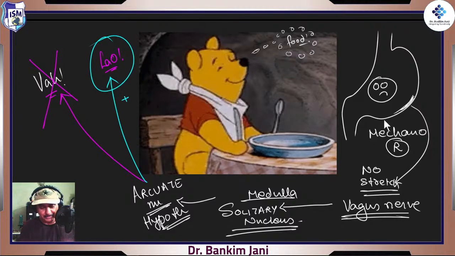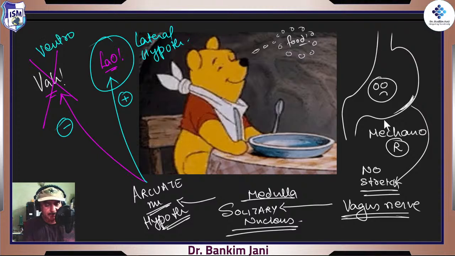So in other words, this arcuate nucleus will stimulate the lateral hypothalamic zone and will inhibit the ventromedial nucleus. The ventromedial nucleus would be inhibited, and the lateral hypothalamic would be stimulated.